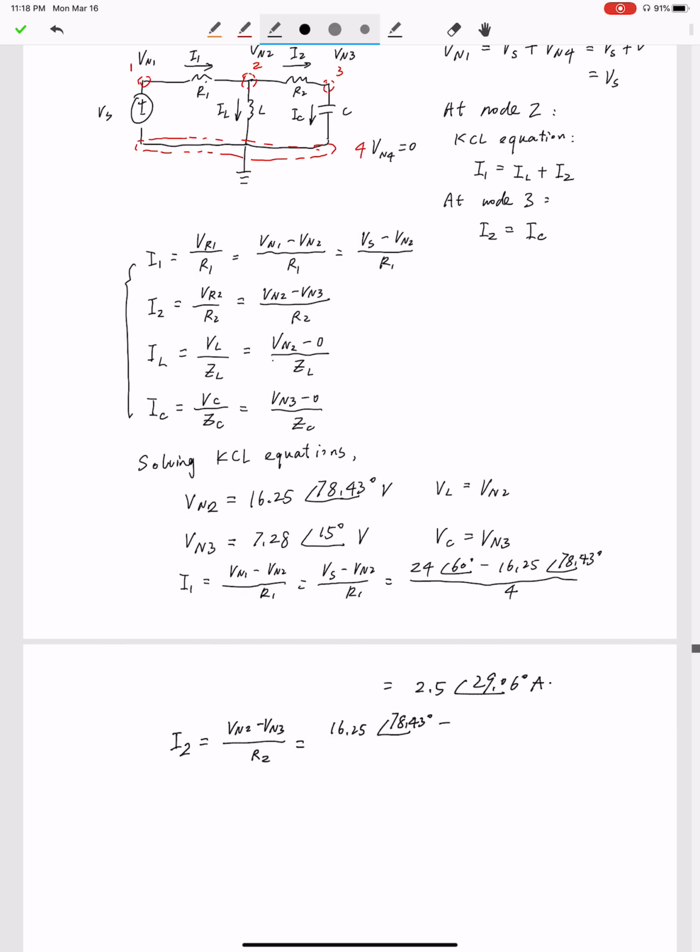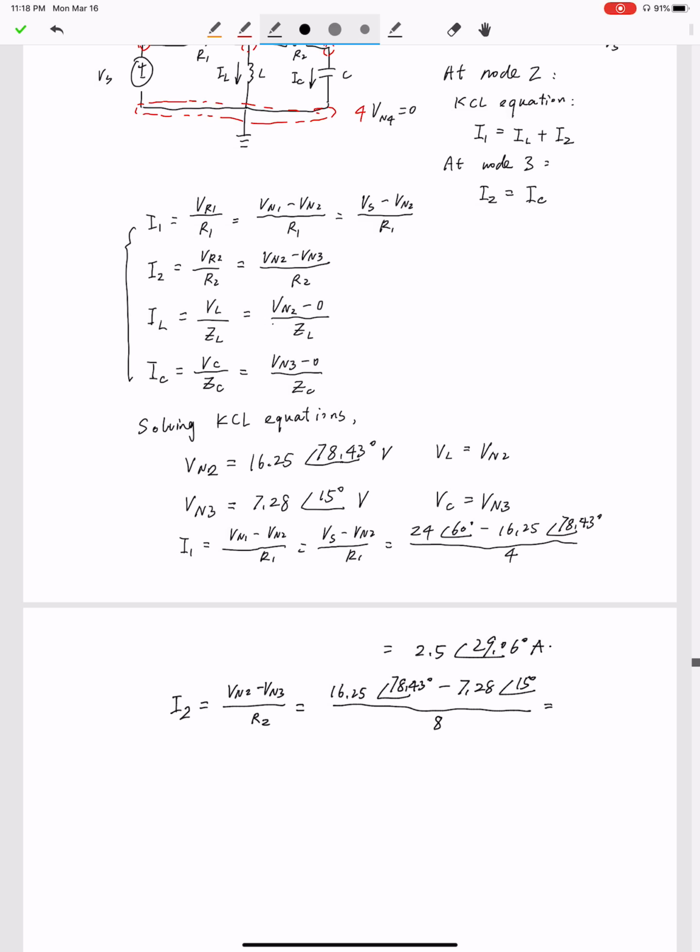And here again, you need to convert the top part to complex numbers in rectangular form. And by doing this division, the result is 2.71 at minus 11.56 degrees. Unit is amp.